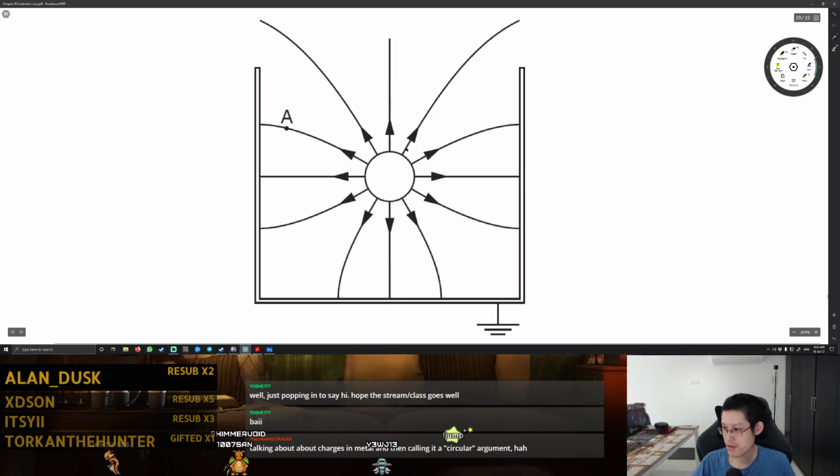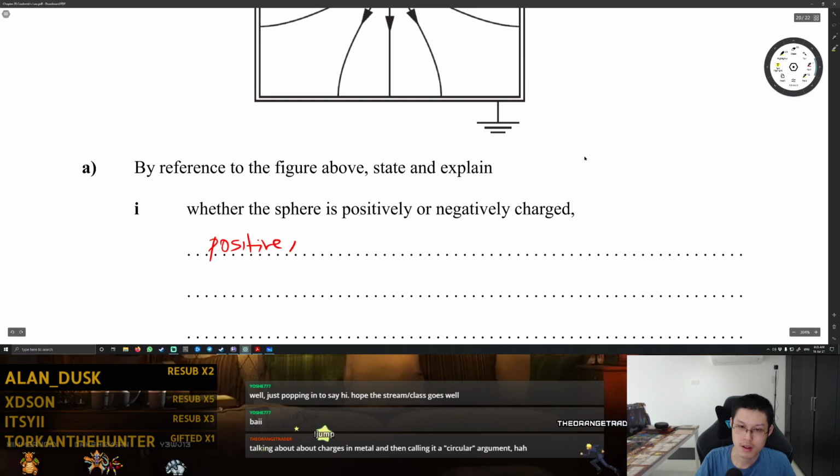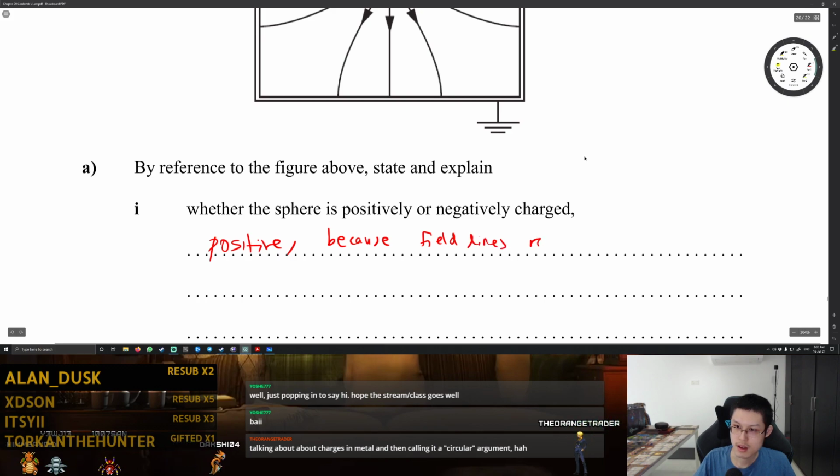It's positive, right? Positive charges emit electric field lines, they go out like that. It's positive because field lines radiate outwards.